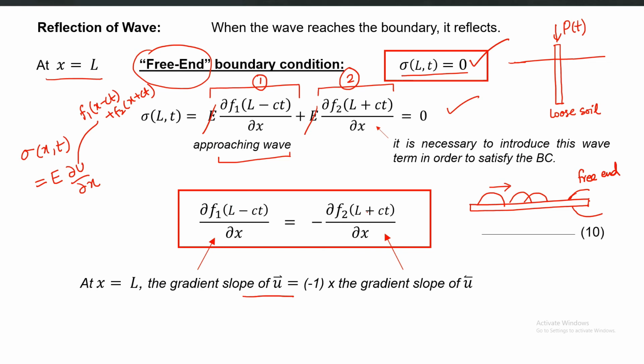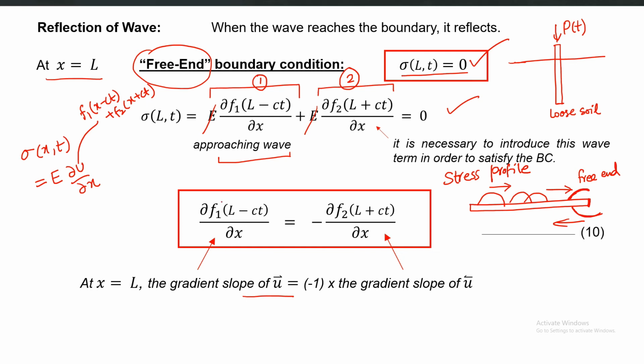If this is the approaching wave, which is like this, then this should be the reflected wave, which should be negative. I am talking about the stresses and not the displacement. So these are the stress profiles, because the stress has to remain zero at the free end. This is the result which we can physically see also.